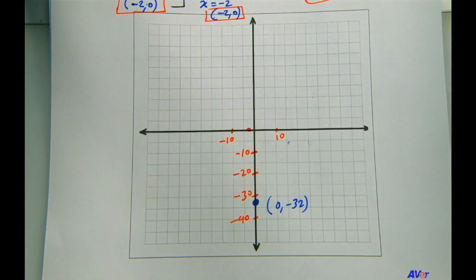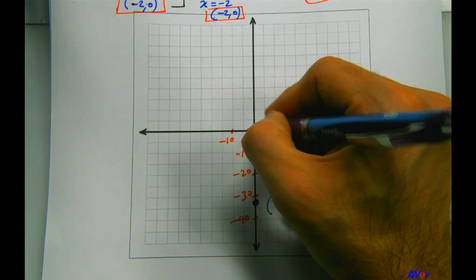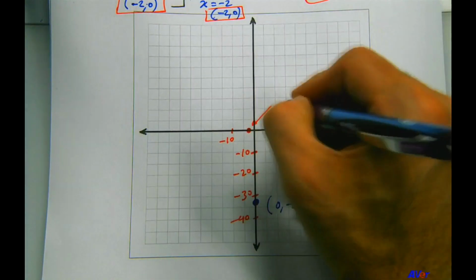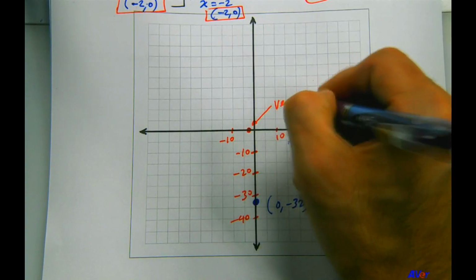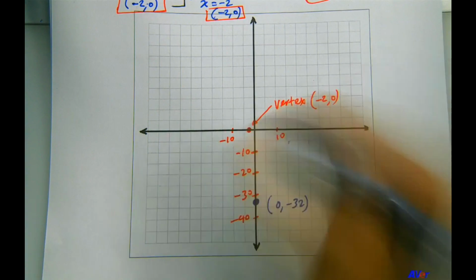This is a pretty narrow graph. So this is the vertex at negative 2 comma 0, which is also the x-intercept.